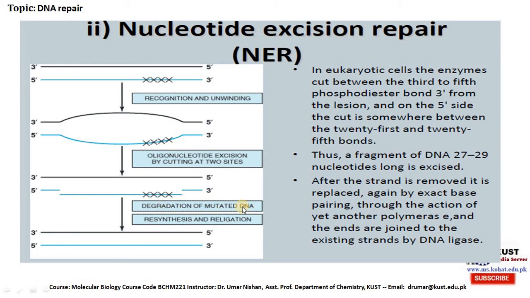Then degradation of mutated DNA takes place, and the rest of the DNA is resynthesized; resynthesis and religation occur through normal process. Thus, a fragment of DNA 27 to 29 nucleotides long is excised.